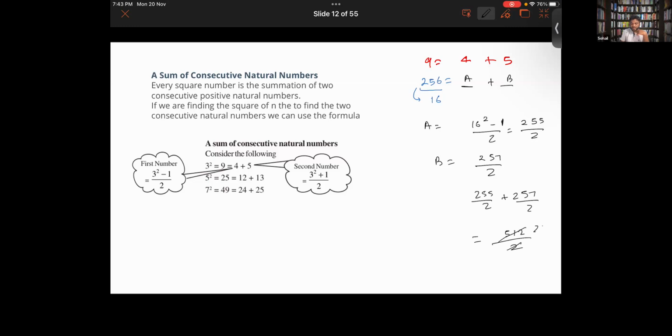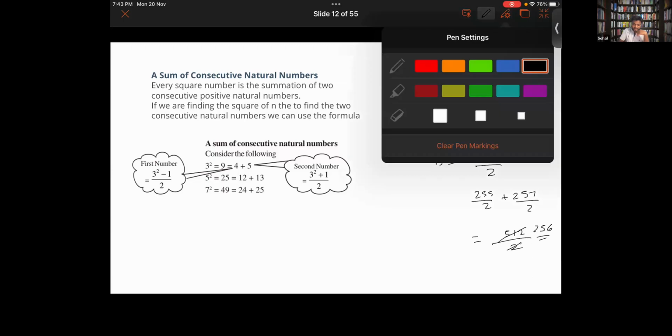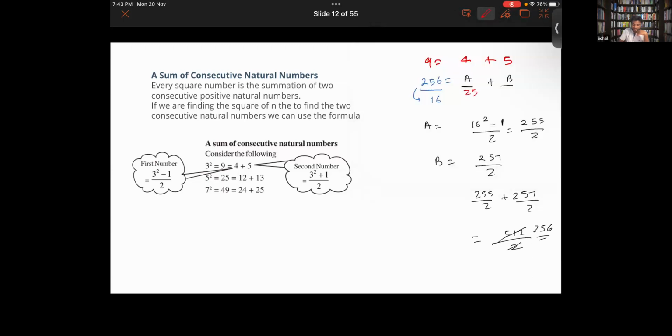So that is cancelling to 256. So I can write 256 in this form: 255 upon 2 plus 257 upon 2.